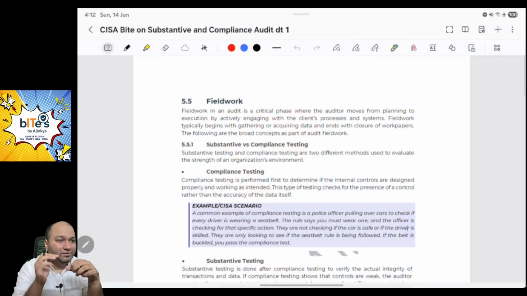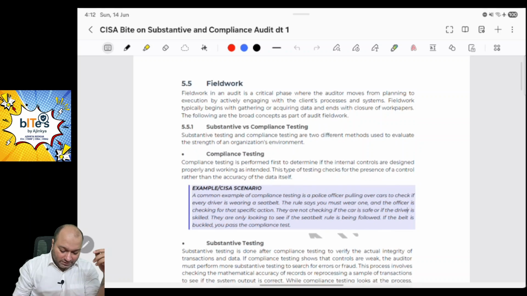Now I had posted this on LinkedIn earlier this week, where this was one of the doubts which someone had. The doubt was the difference between compliance testing and substantive testing. So let me share my screen. I have tackled this specific question in my book which I've authored, called CISA Guide for Techies and Non-Techies.